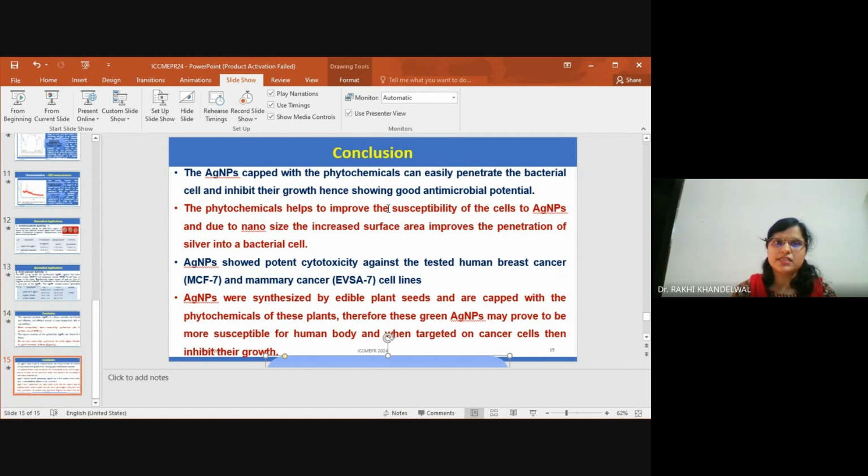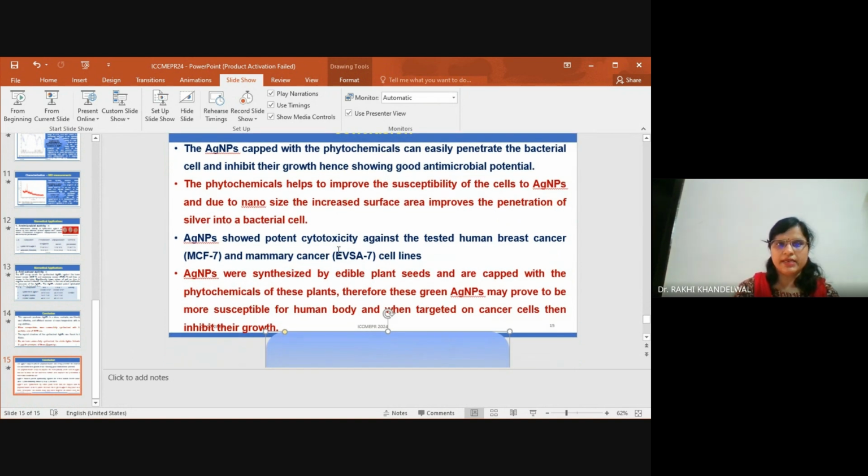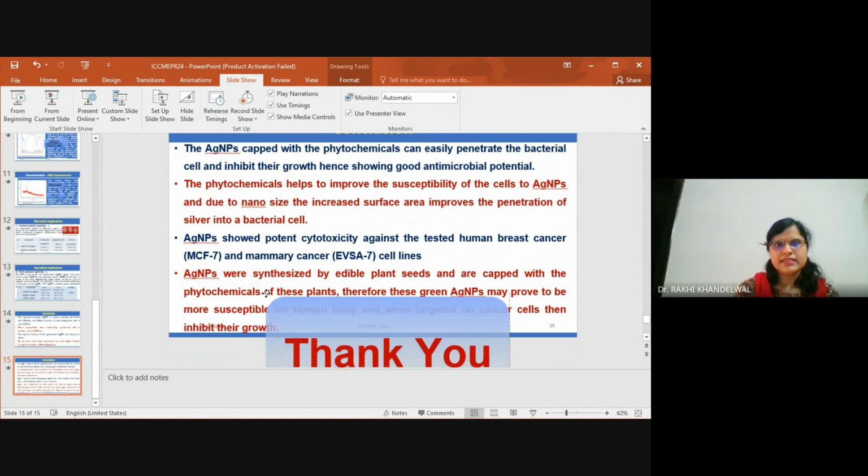The silver nanoparticles showed potent cytotoxicity against the tested cancer cell lines MCF7 and EVSA7. These silver nanoparticles were synthesized from edible plant seeds. Therefore, they are capped with the phytochemicals of these plants, and this is the reason why these green silver nanoparticles may prove to be more suitable for the human body, and when targeted on the cancer cell, they can inhibit the growth of the cancer cell.